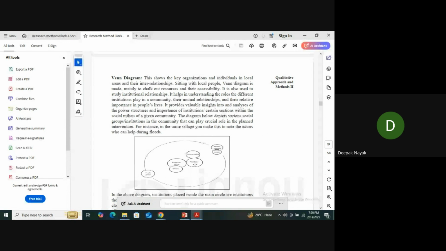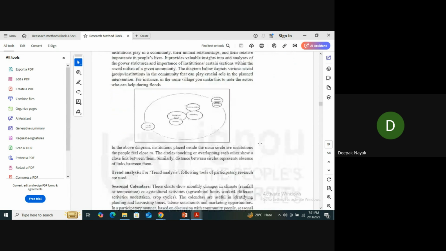According to the priority of the people's position, organizational setting, or individuals, and the interrelationship between people, they are placed in the Venn diagram. Okay, Venn diagram, and it provides valuable insights into the mutual relationship between different categories of people in the community.